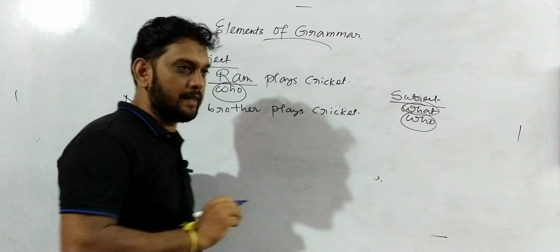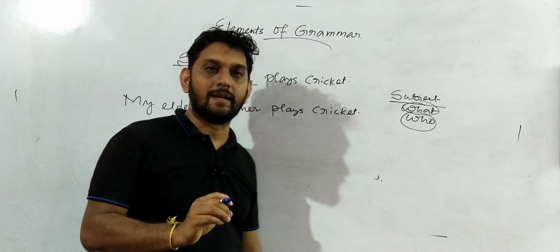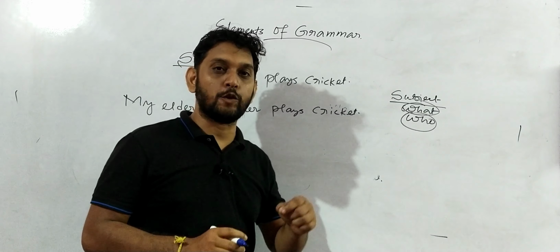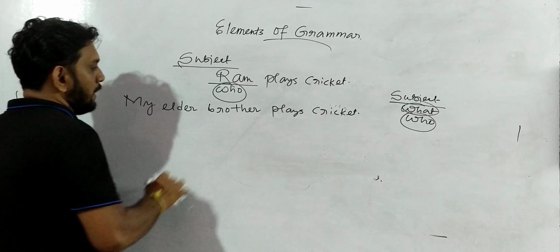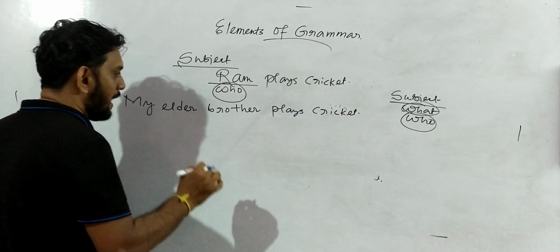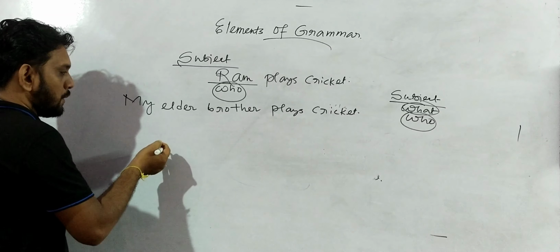This sentence is written here. Now if I ask you what would be the subject of this sentence, how can you define it? And if you find the subject, can you find the noun of this subject? Most of the students get confused in this part. Whenever I ask them to find the subject of this sentence, they could not find it.